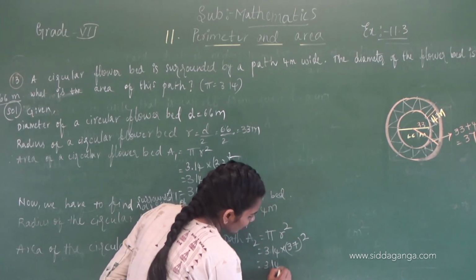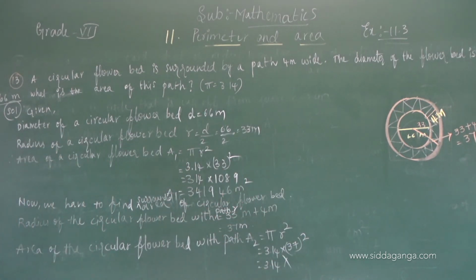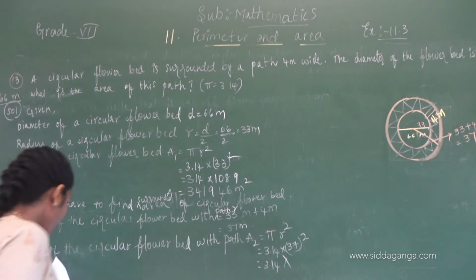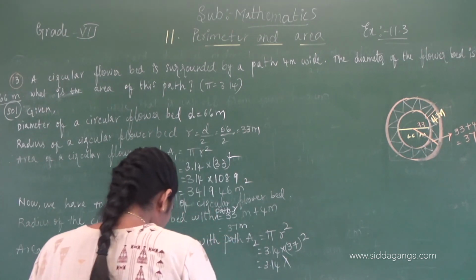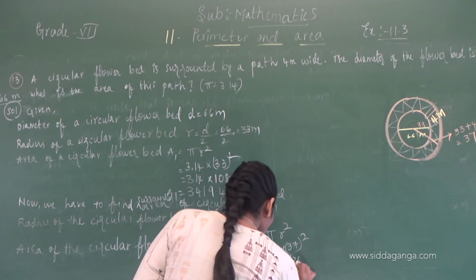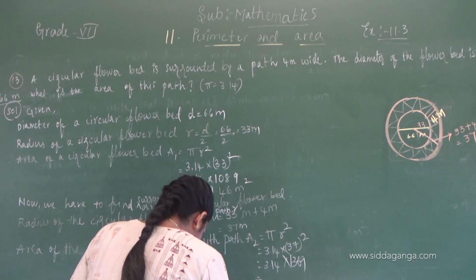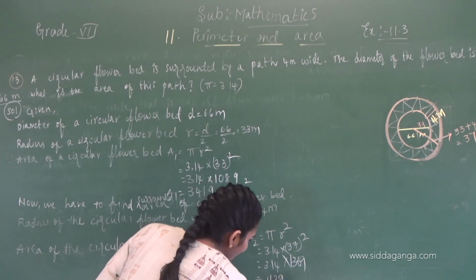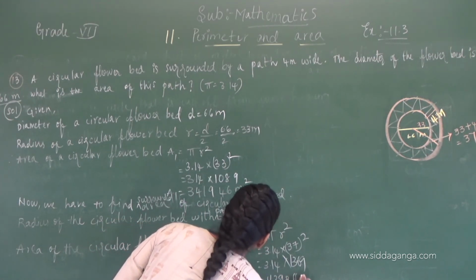What is 37 whole square? 37 squared is 1369. If you do the calculation, we will get 4298.66 meters square.